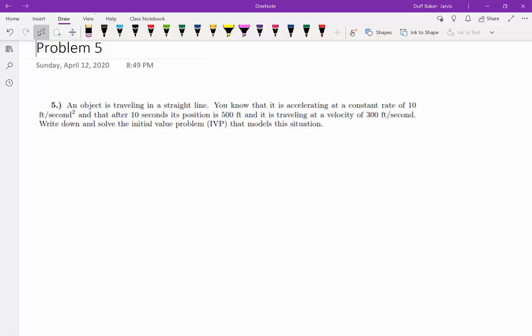So basically what it's saying is you have an object, it's moving along a straight line. And you know that after 10 seconds, so at t equals 10, you know 2 pieces of information about it. You know that its position is 500.